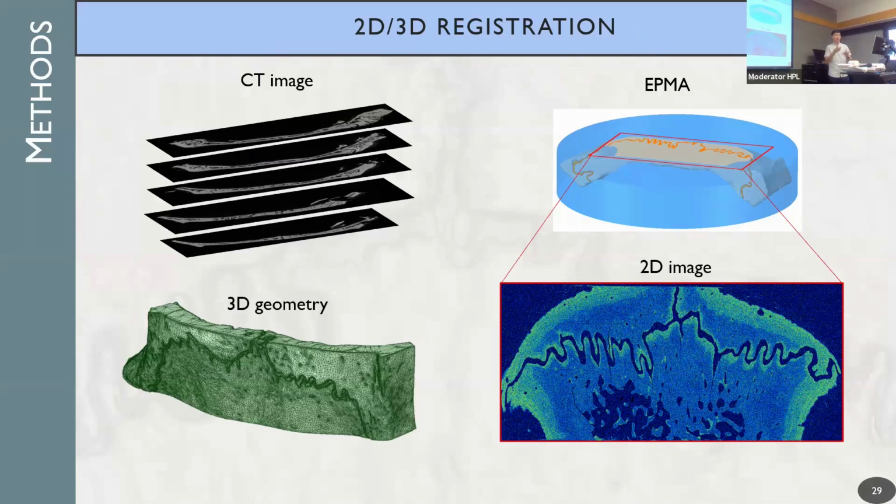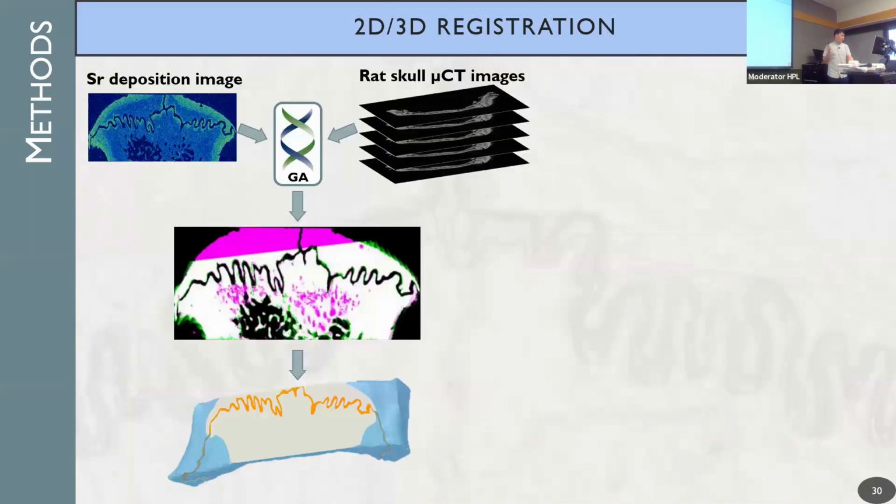So in order to compare them together, I need to somehow spatially register them and find the exact same cross section from this 3D geometry as this 2D image. I was able to find that using a machine learning based algorithm.